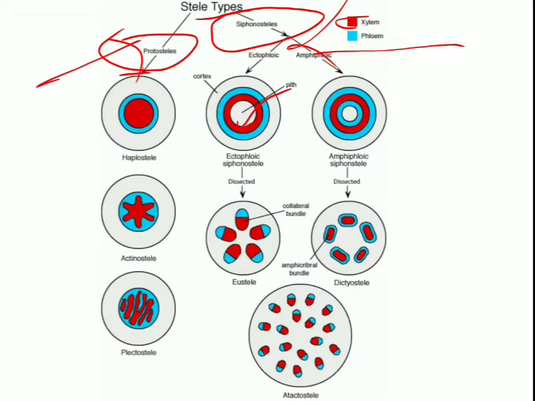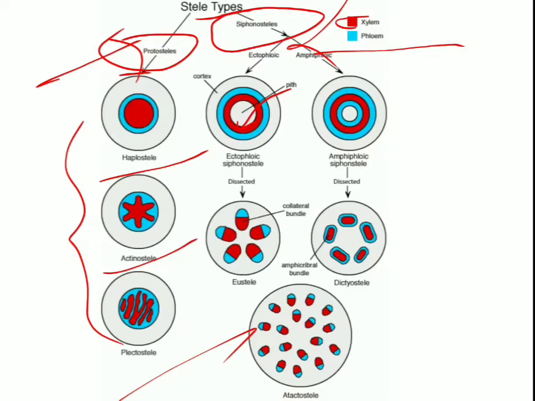Then protostele is divided into three types: haplostele, actinostele and plectostele. This means the arrangement of xylem, phloem, pith and pericycle differs. In protostele, the red portion is the xylem and the blue portion is the phloem.